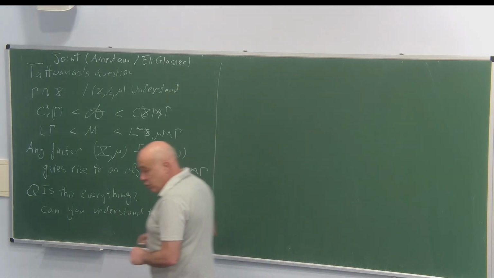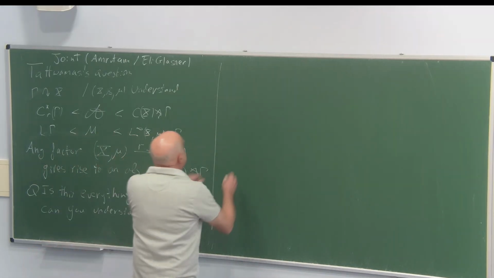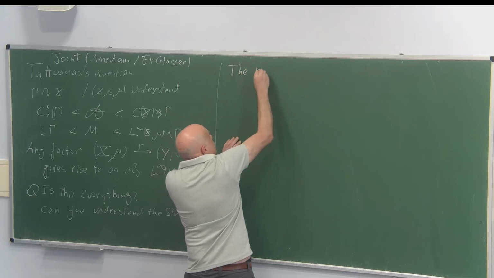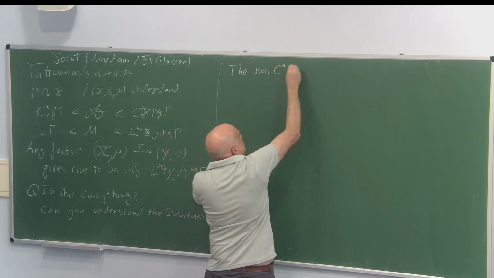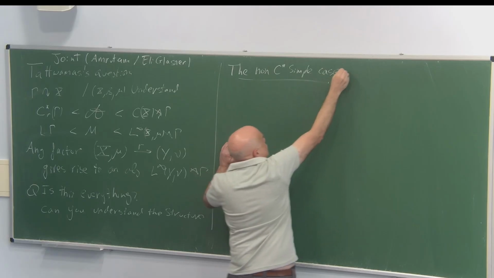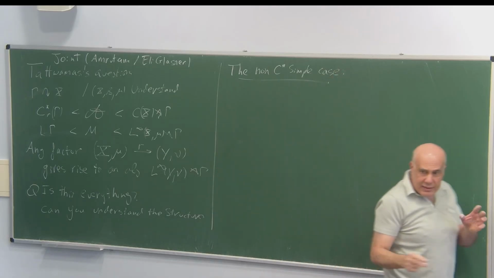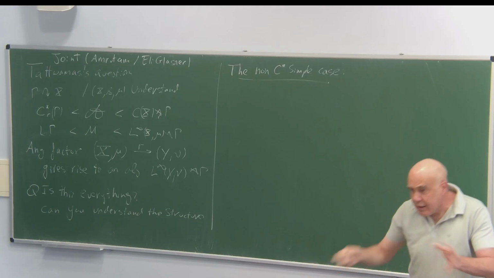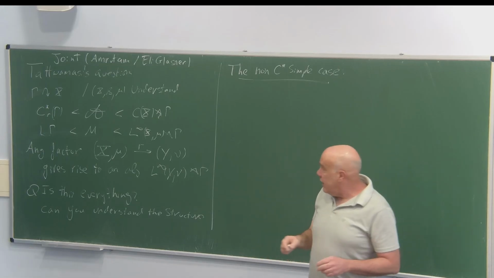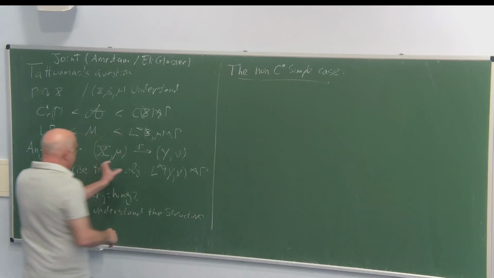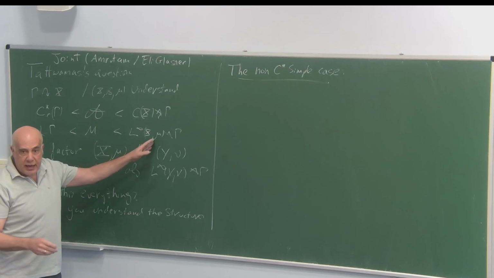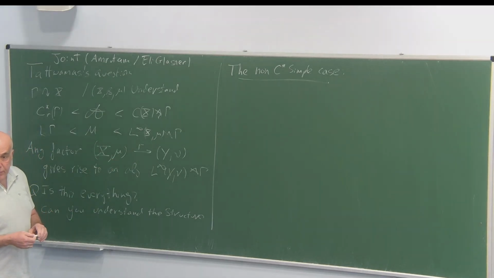So let me say a few words about the non-C-star simple case, in which case we found that sometimes at least, and this is the motivation for distinguishing between these two cases, there are non-dynamical factors that originate in ideals of the C-star algebra.